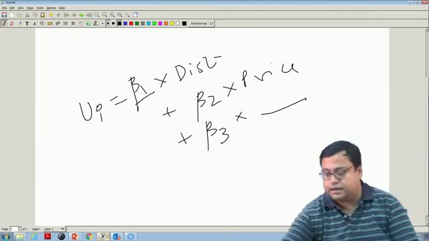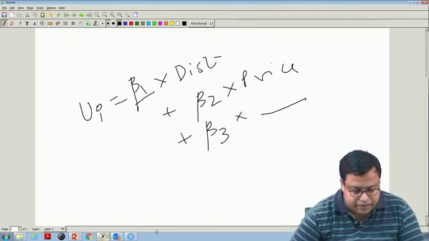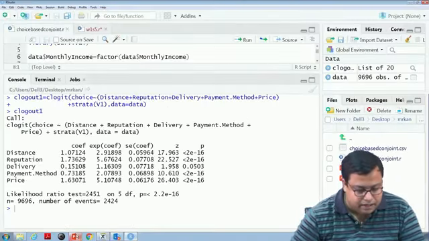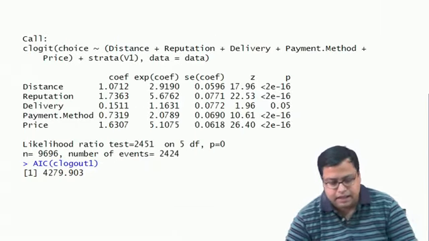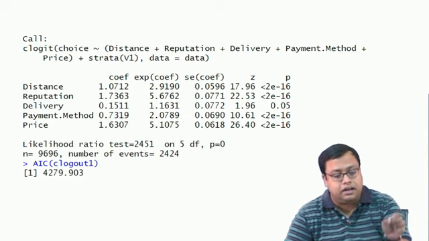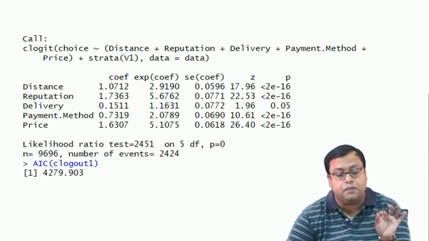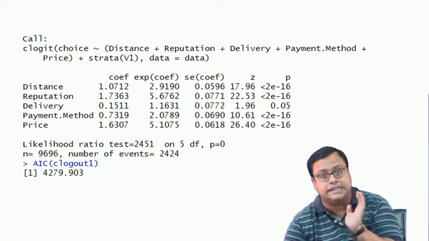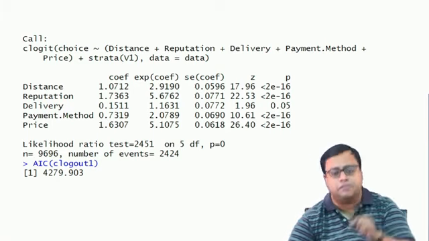Now, if my price level or distance level converts from level 0 to level 1, my coefficient is 1.0712, which is positive and significant. That means my utility increases by that much.